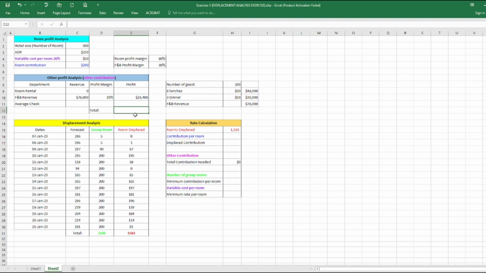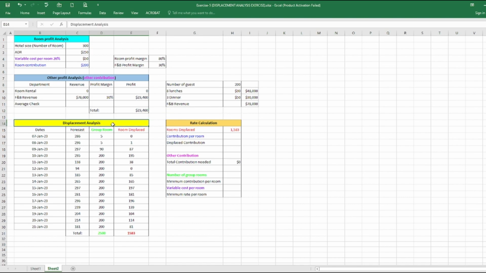Room rental is 0 because guests use the suite. So total F&B profit is equal to 23,400. Okay, so let's move on.